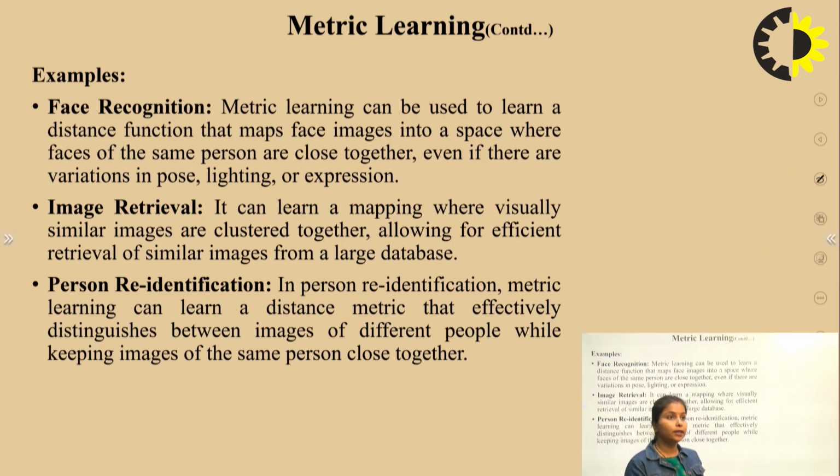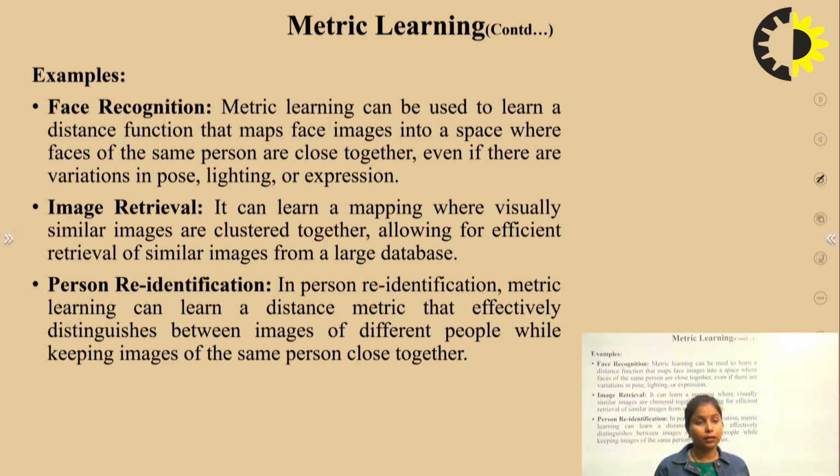Examples of metric learning. It is used for face recognition. Face recognition can be used to learn a distance function that maps face images into a space where faces of the same person are close together, even with variations in pose, lighting, or expression, and apart from different persons. The next example is image retrieval.